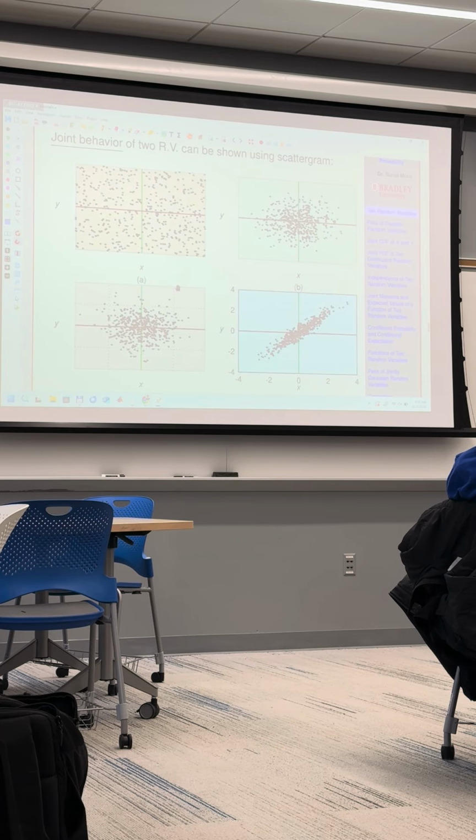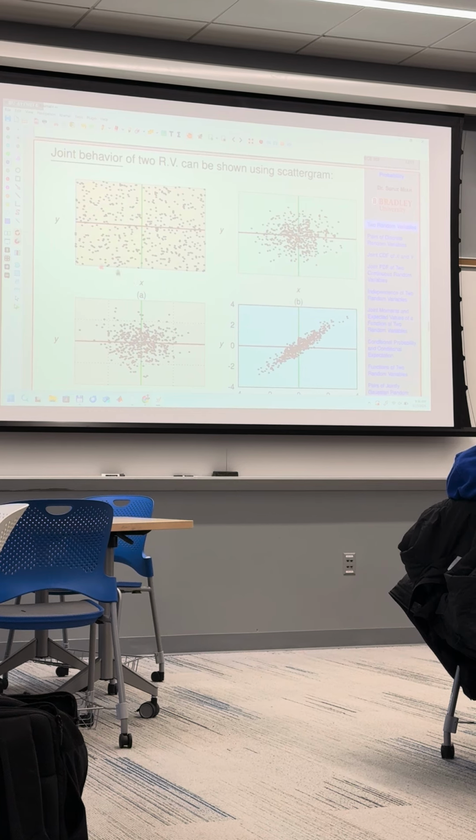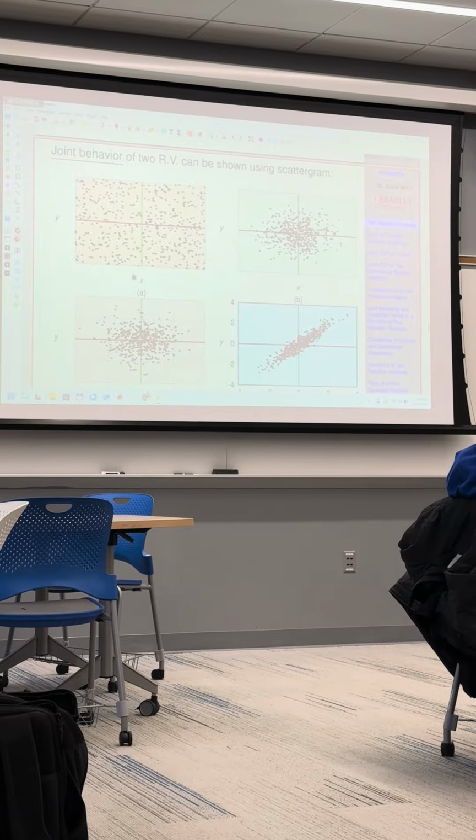Now let's move in another direction, where you plot the sample measurements for two different random variables, random variable x and random variable y. This is the x-axis and this is the y-axis. You take one sample, one measurement of x and y, and you plot it.